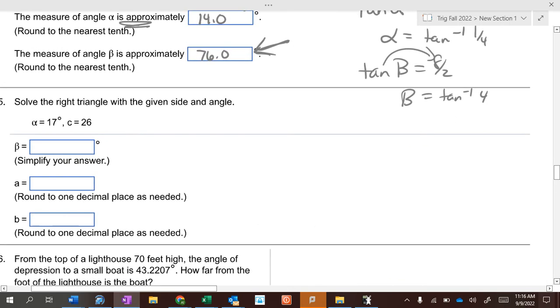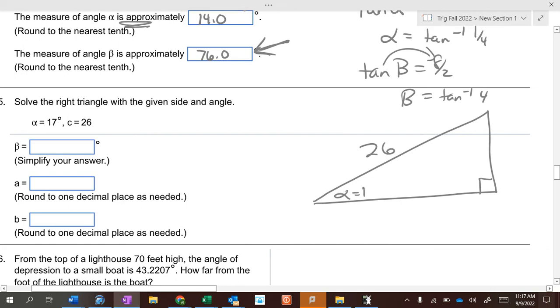Okay, let's do this one. C is 26. C is my what side? Hypotenuse. Alpha is 17 degrees. So if this is 17 degrees, how do I find angle beta? What trig function do I use?